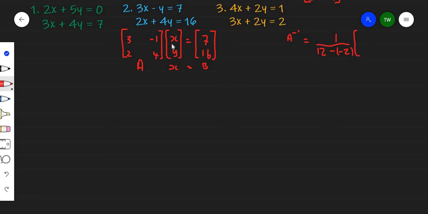And to obtain the adjoint of A, you switch the terms in the main diagonal. So where 3 is, I'm going to write 4, and where 4 is, I'm going to write 3. So it's going to be 4, 3. And then you just switch the sign of the other terms. So instead of writing negative 1, it's going to become positive 1, and instead of writing positive 2, it's going to be negative 2.